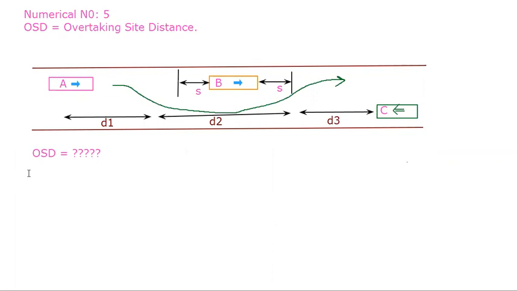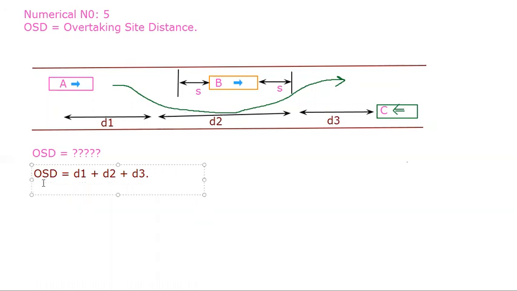So here your OSD will be equal to the summation of d1 plus d2 plus d3. This is the summation of these three distances, that is the overtaking sight distance.